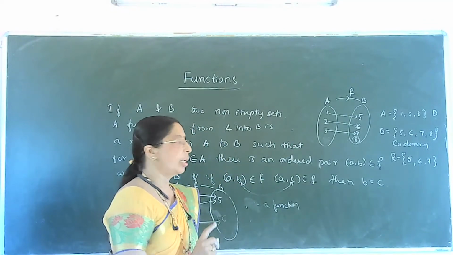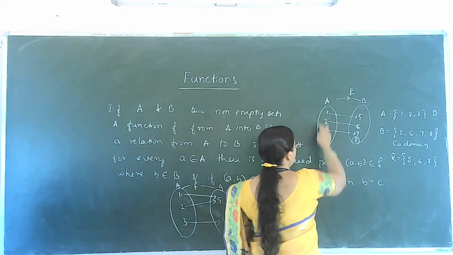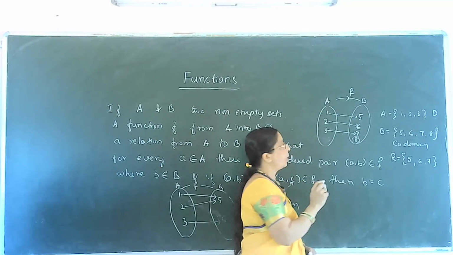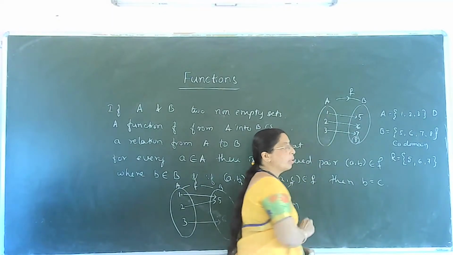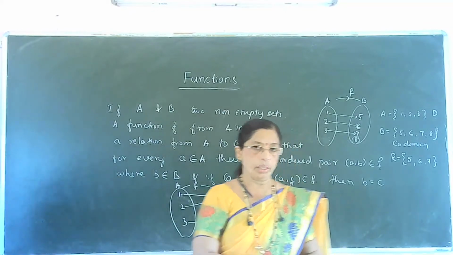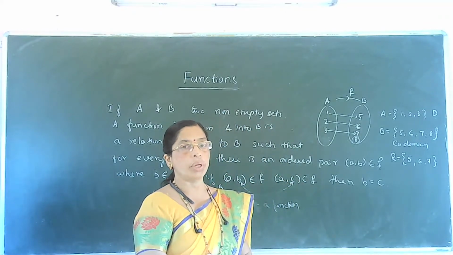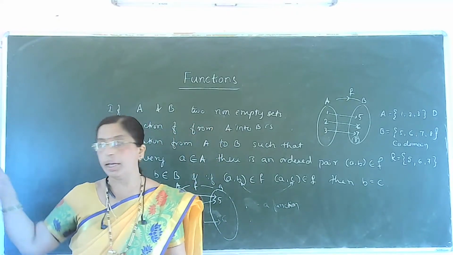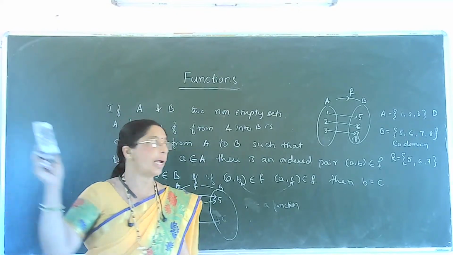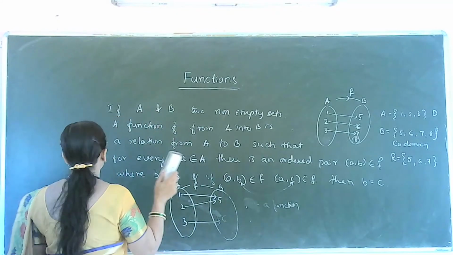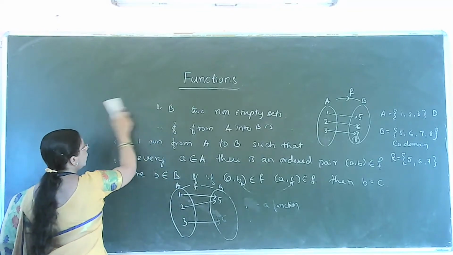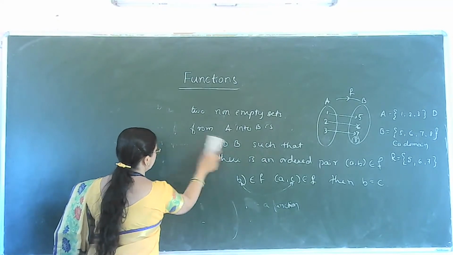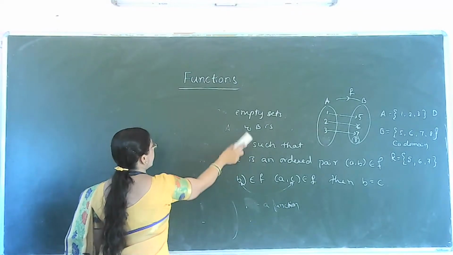Two conditions you should remember: every element of A should have an image in codomain B, and one element of A should have only one image. Every element of A has one and only one image. It's a function.